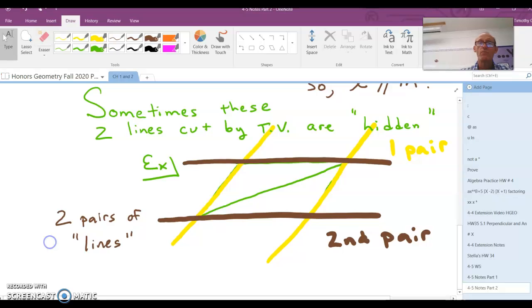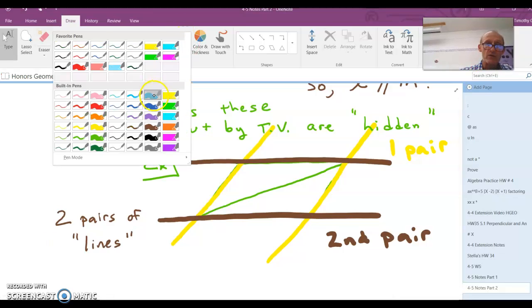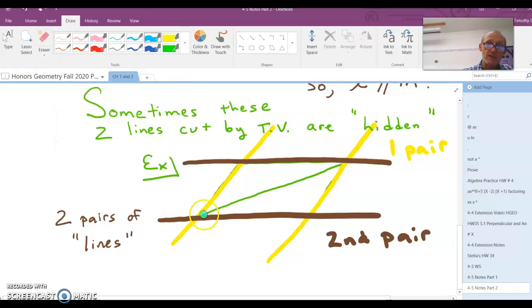So both of those pairs are cut by this transversal.